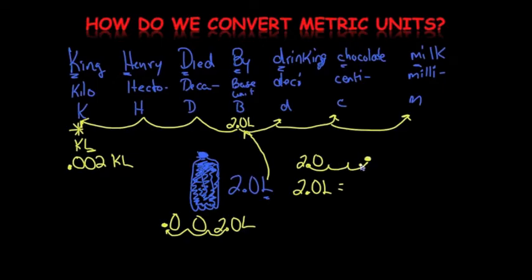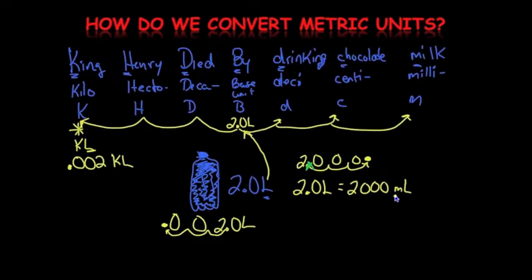You move that decimal point to there, and you have to fill in the marks here. Remember that this decimal point is no longer here. So your answer is going to be 2,000 milliliters. So 2,000 milliliters is equal to 2 liters. You see how easy it was to do that. We just simply move the decimal point.